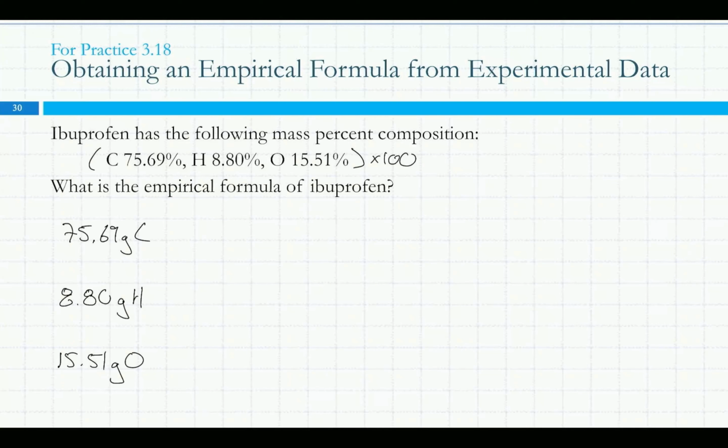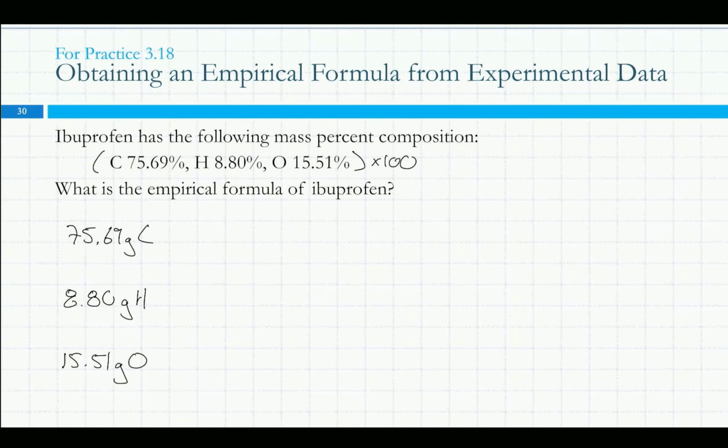Okay, actually, what I'm going to do, let's see, let's do 3 minutes. So go ahead and work on it.